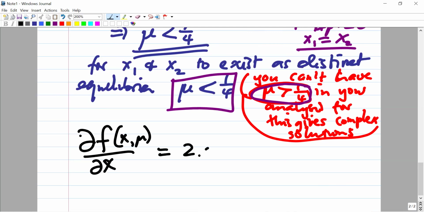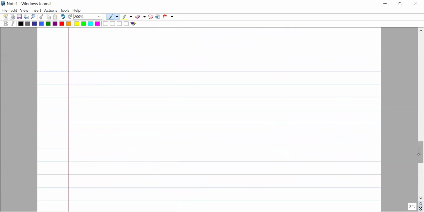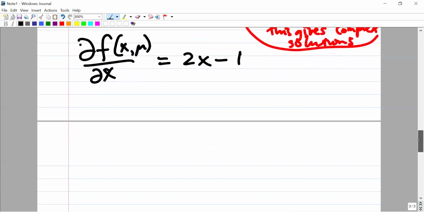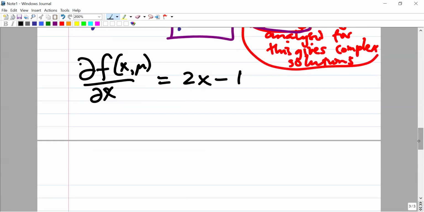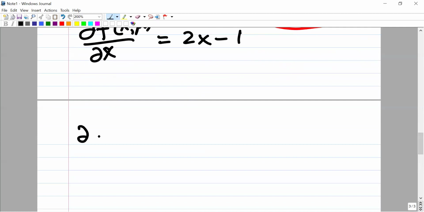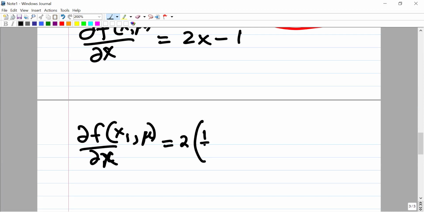But you will still get 2x minus 1 because you're not differentiating with respect to mu. So now we want to establish the stability. Evaluating at x1, this partial derivative will be 2 times half, that's 1, plus the square root of 1 minus 4 mu.